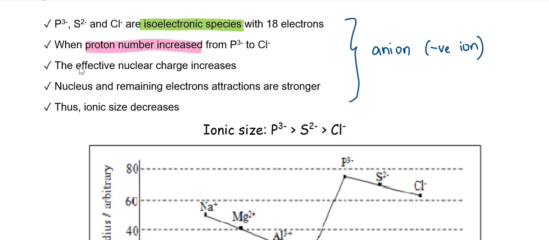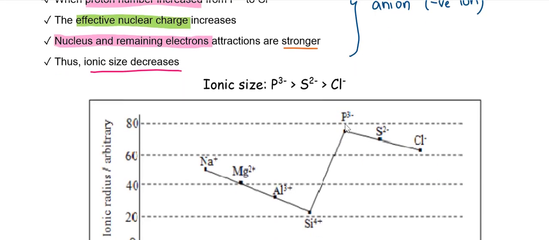So of course the effective nuclear charge also increases, and the attraction between the nucleus and the remaining electrons becomes stronger. That will make the ionic size decrease. So the size from P3 minus to Cl minus will decrease.